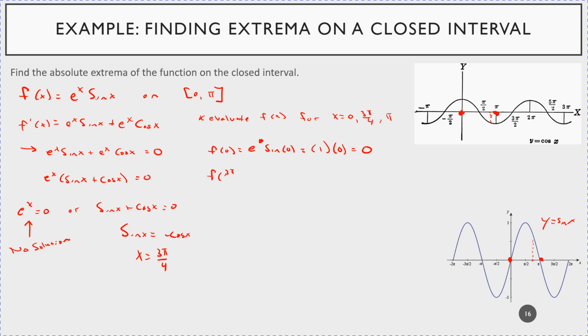F of 3 pi over 4. All right, well, that's e to the 3 pi over 4 times sine of 3 pi over 4. Well, sine of 3 pi over 4, hopefully we remember, that's square root of 2 over 2. So I'm going to change this as square root of 2 over 2 times e to the 3 pi over 4. And then f of pi, well, that's e to the pi times sine of pi. Well, what is sine of pi? That's 0.